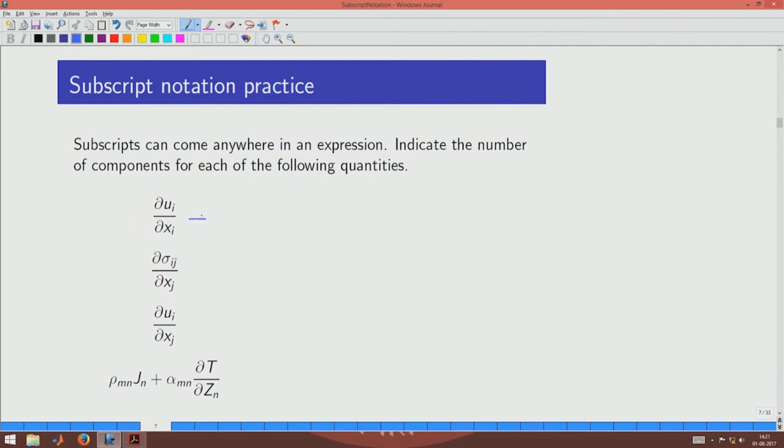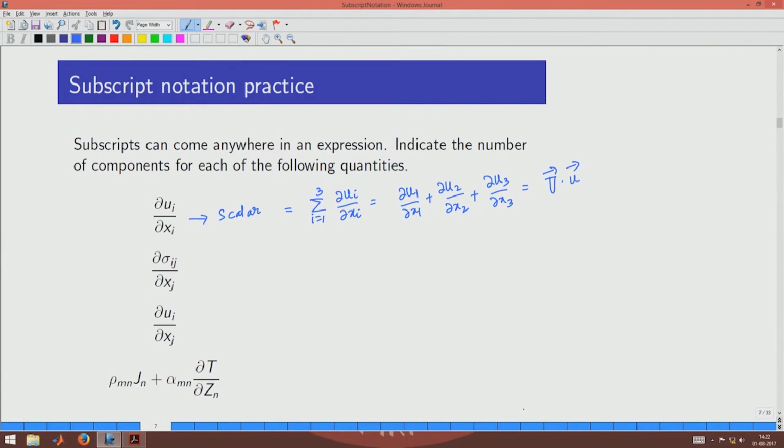So, which means that this must be a scalar, and when we expand this, it is nothing but ∂u1/∂x1 plus ∂u2/∂x2 plus ∂u3/∂x3, which is nothing but the divergence of the vector u, which is actually a scalar.